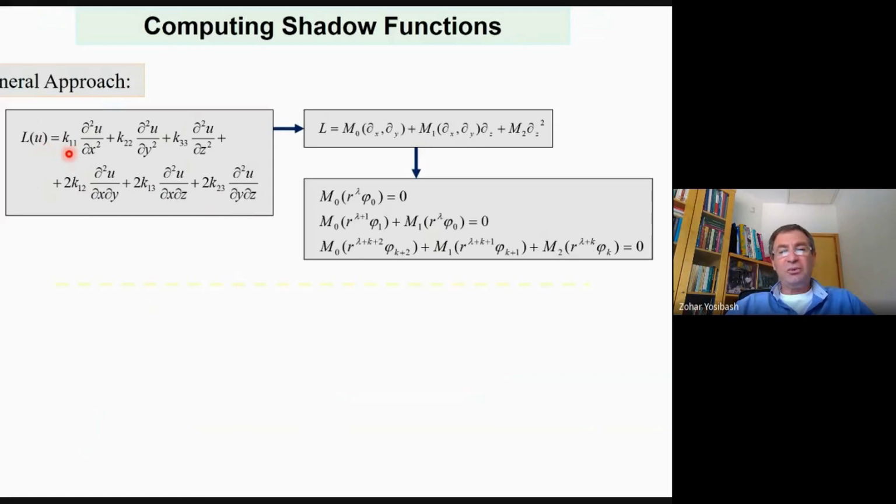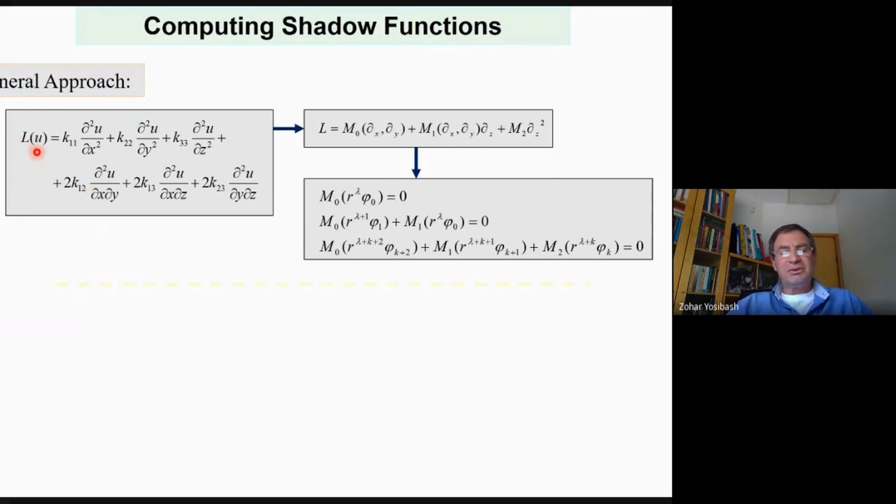So again, if k11 equals k22, and k33 equals 0, and k12, k13, and k23 equal 0, you would get back the two-dimensional Laplace equation. If k11 equals k22 equals k33, and all the others are 0, then you get the Laplacian in 3D. But this is usually the general term of a second order partial differential equation, which is elliptic.